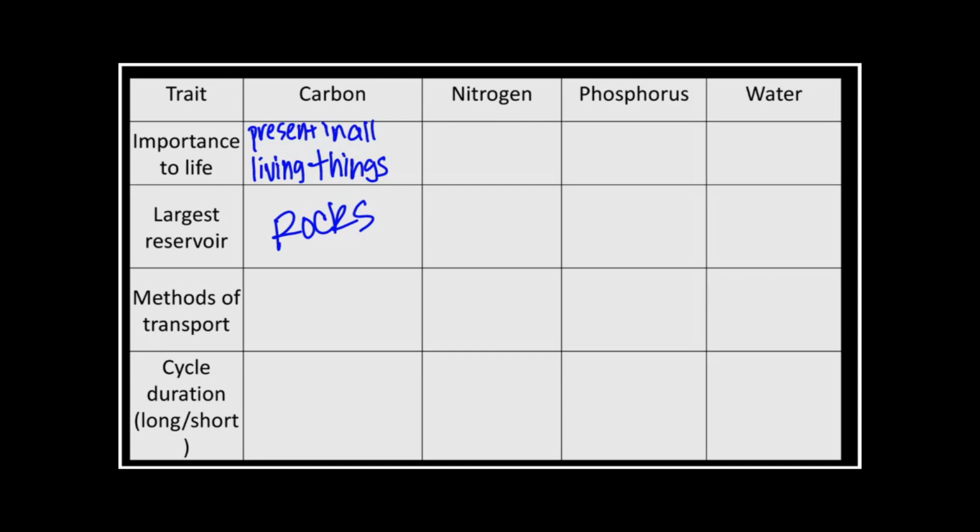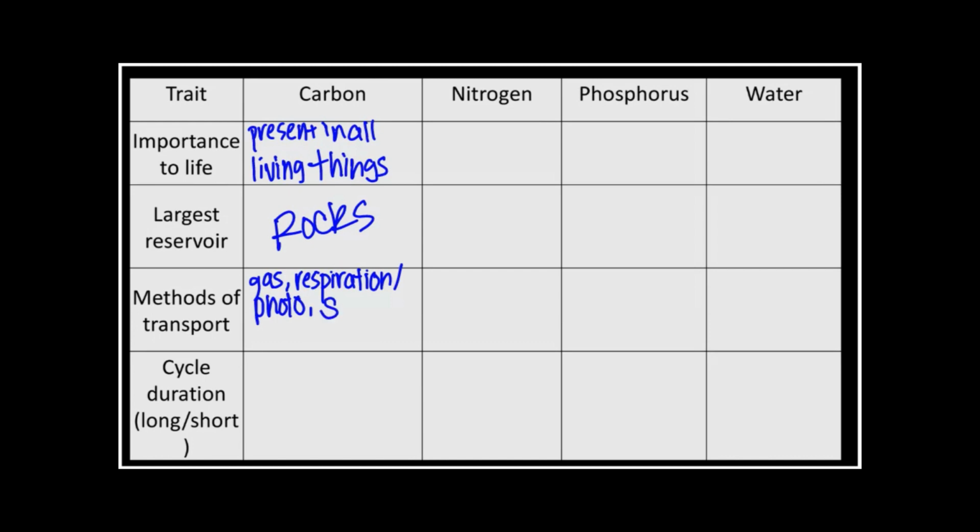So how is carbon transported? It's all sorts, right? It can be a gas through respiration or photosynthesis. I'm just going to write photo for photosynthesis because this isn't a very big box.